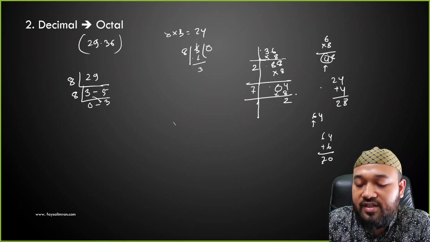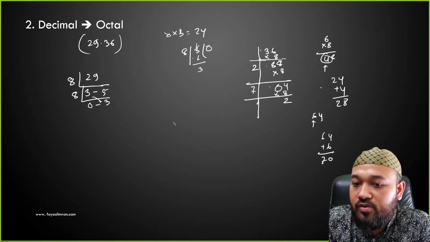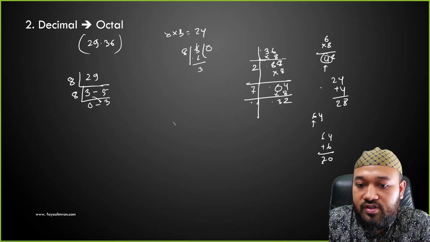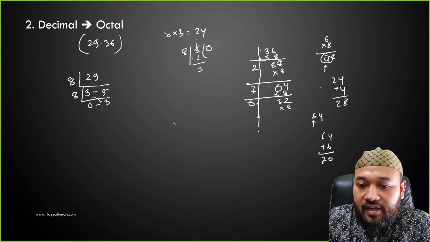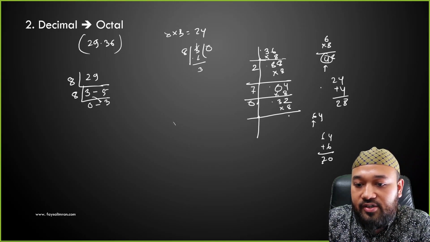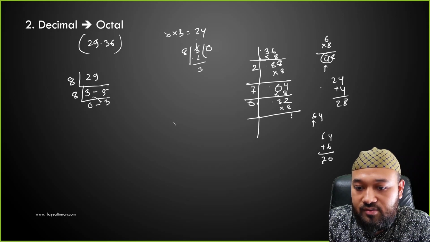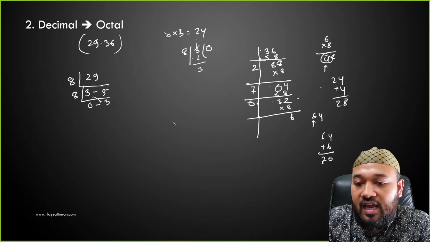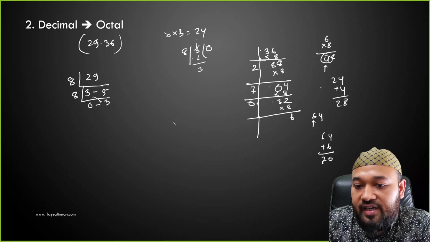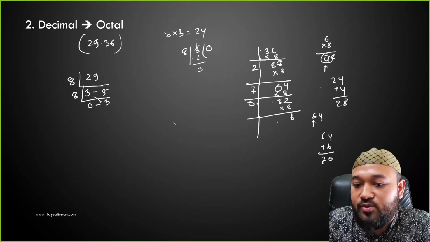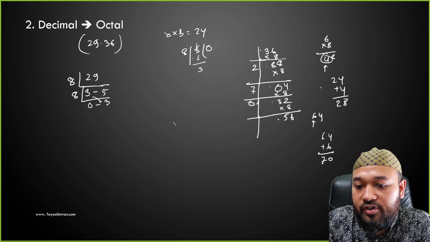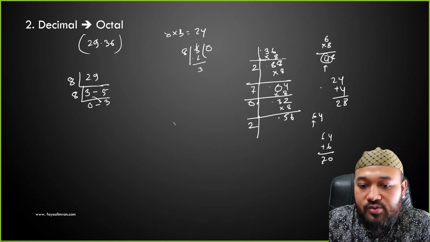We have 3 as a carry bit. 8 into 0 is 0, 0 plus 3 is 3. So the result is 0. Also we need to multiply by 8. So what will we get? 8 into 2 is 16. We put it here 6 and we have 1 as a carry bit. 8 into 3 is 24 plus 1, this is 25. We put it here 5 point. The 2 is our integer value.